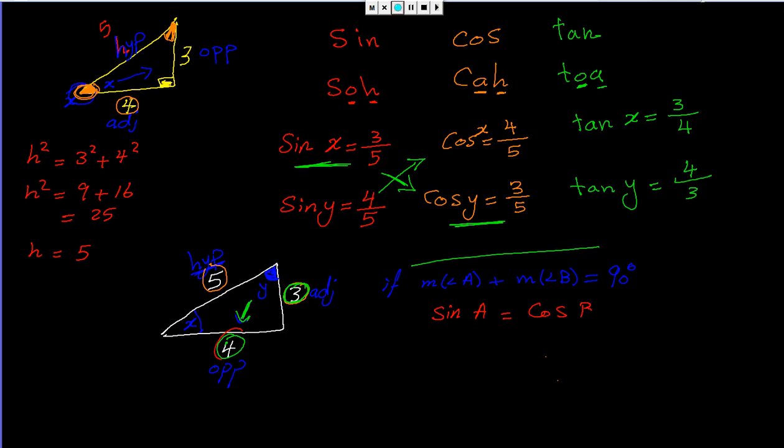We can also say cosine angle A equals sine angle B.